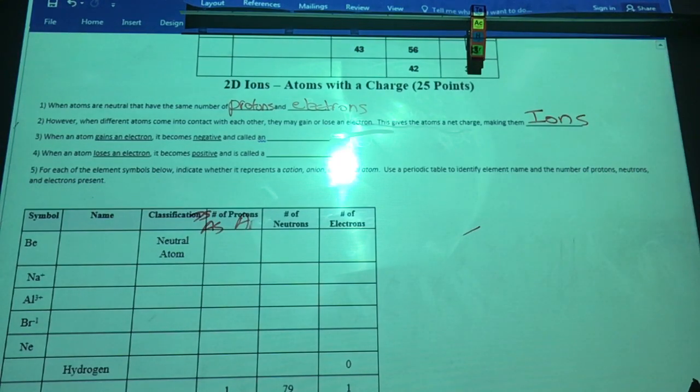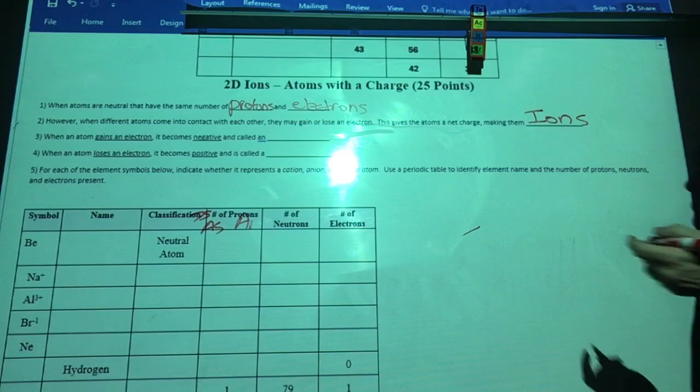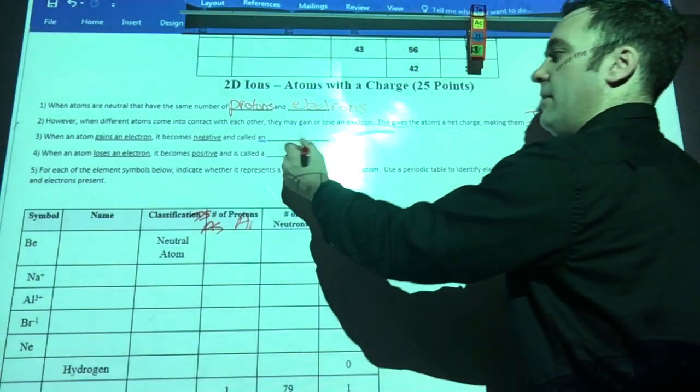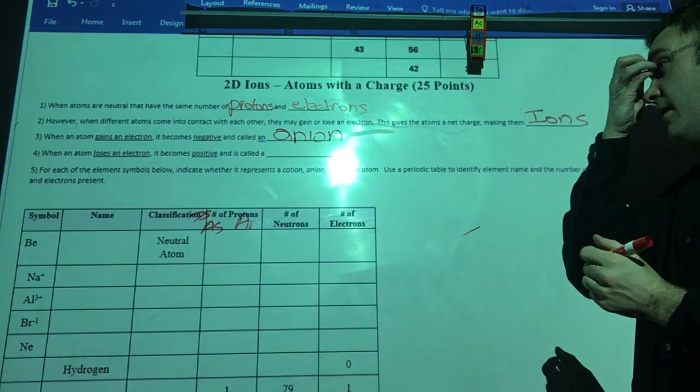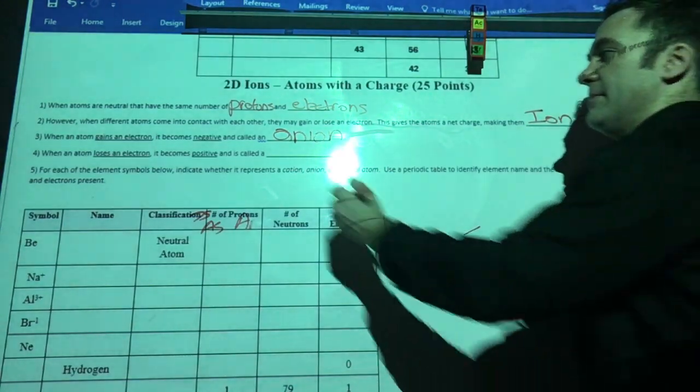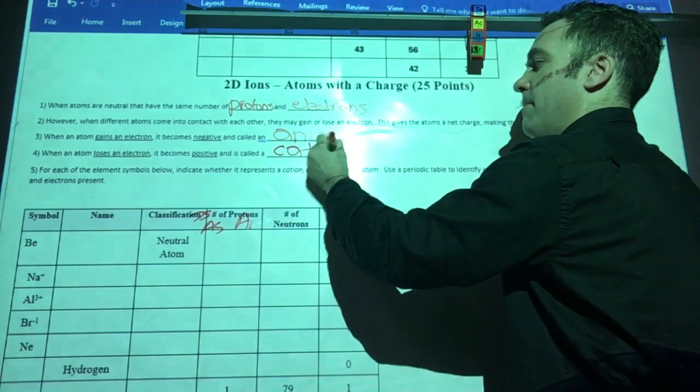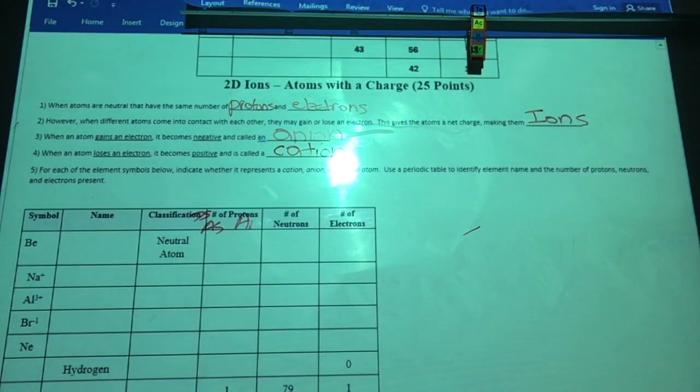When an atom gains an electron, it becomes negative, and it's called an anion. When an atom loses an electron, it becomes positive. It's called a cation. So anion, like onion, and cation, like cats. But you have those vocabulary words in your notes.